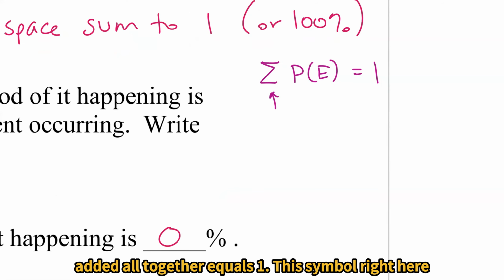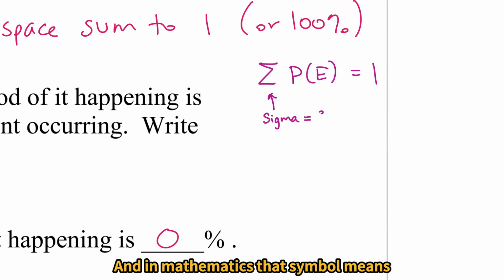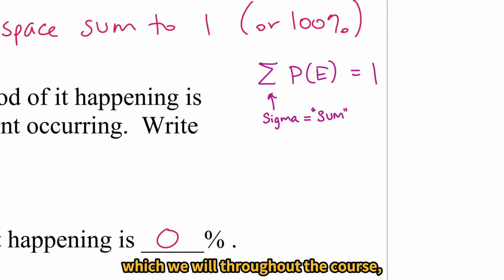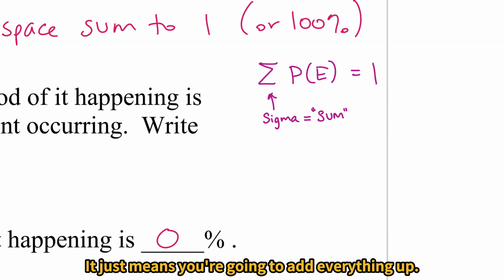This symbol right here that looks like a sideways M, this is a Greek capital sigma, and in mathematics, that symbol means sum. Add them all up. If you see that symbol, which we will throughout this course, sigma just means we're going to add everything up.